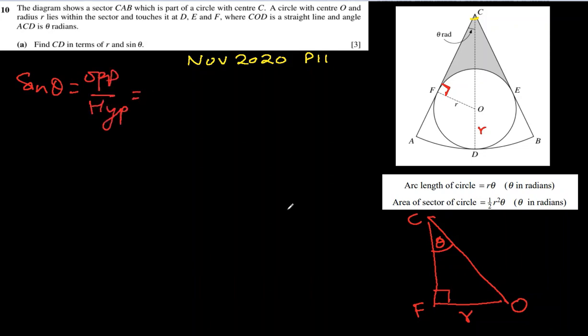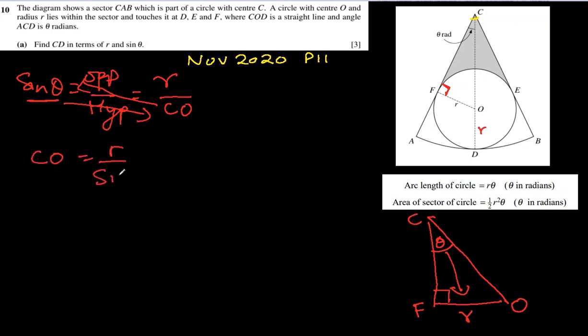Opposite to theta is r, and hypotenuse is CO. That's what we were trying to find out, right? So sine theta equals r over CO. Let's cross multiply. Sine theta will become the denominator here, and CO will go to the other side. So CO equals r over sine theta.